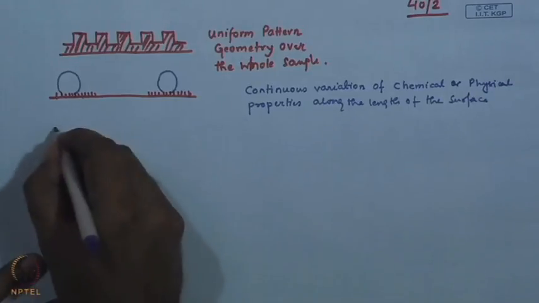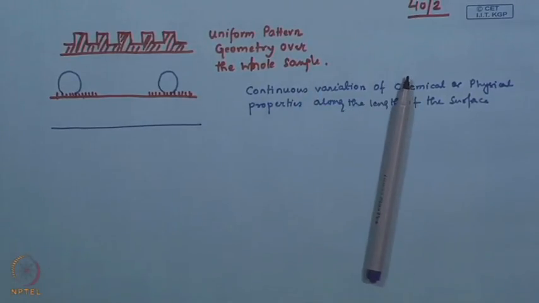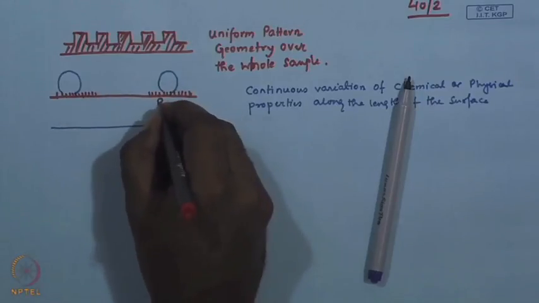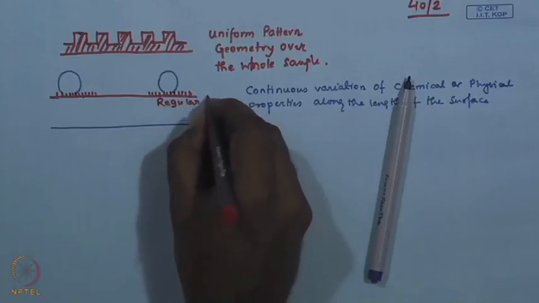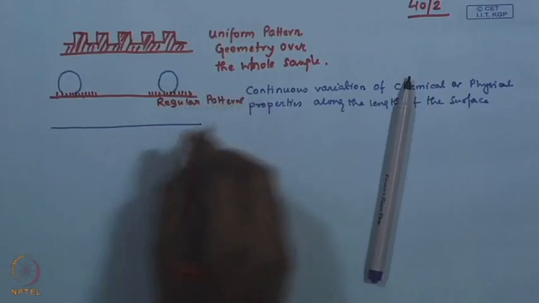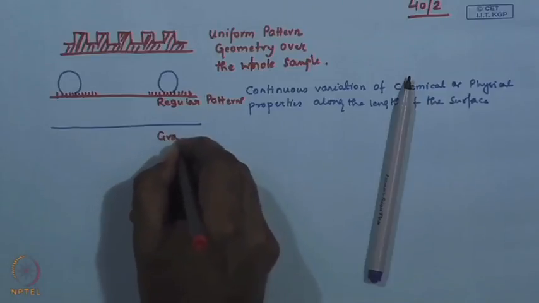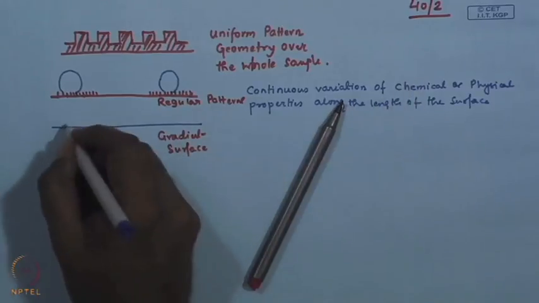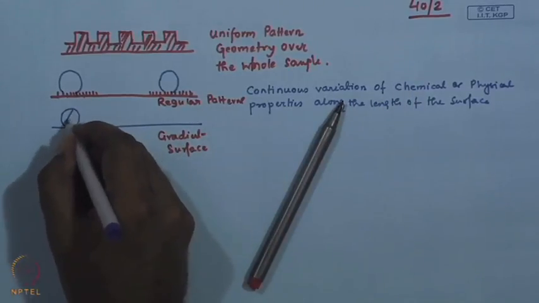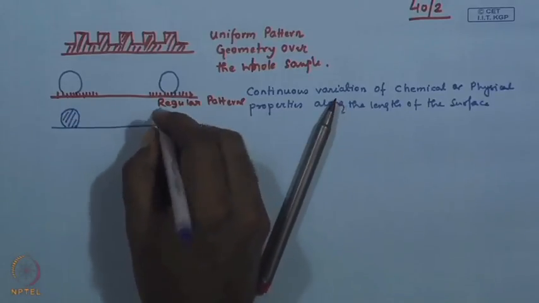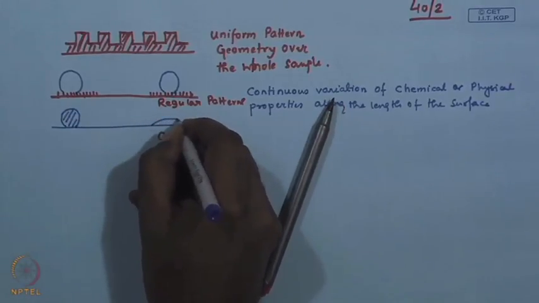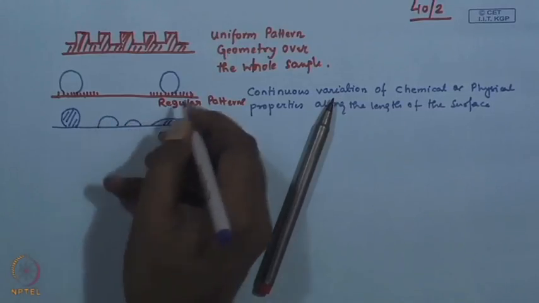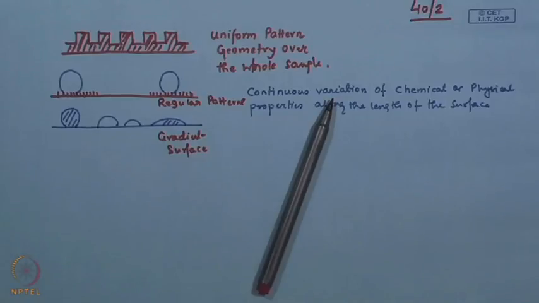So, in that case, one might expect that on one end of the surface you have regular patterns, I would say. Here it is a gradient surface. If you have fabricated, you can expect maybe at one side it is exhibiting a hydrophobic wetting regime, and the other side it may be hydrophilic, and in between there would be continuous variation in the contact angle. So, this is what is a gradient property.